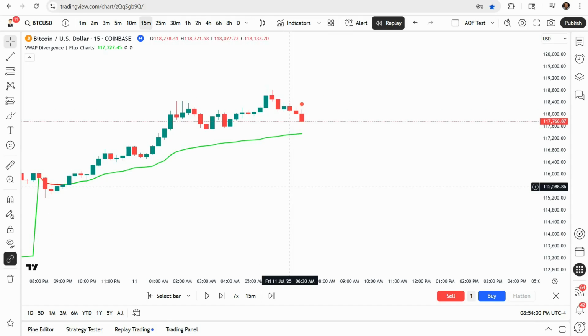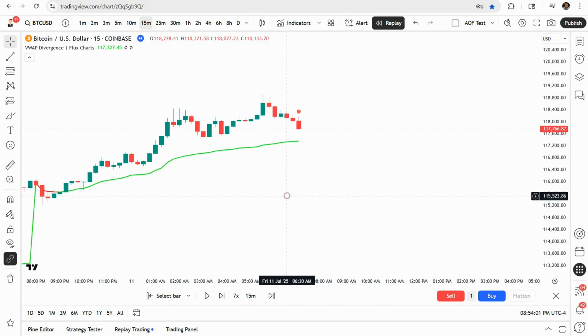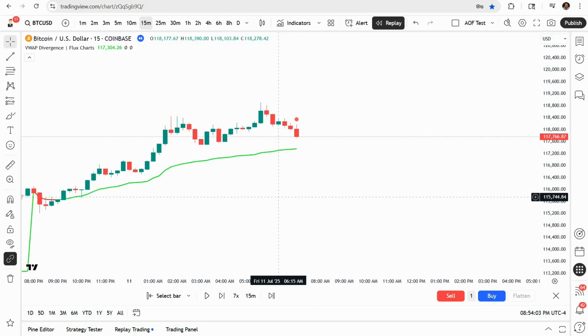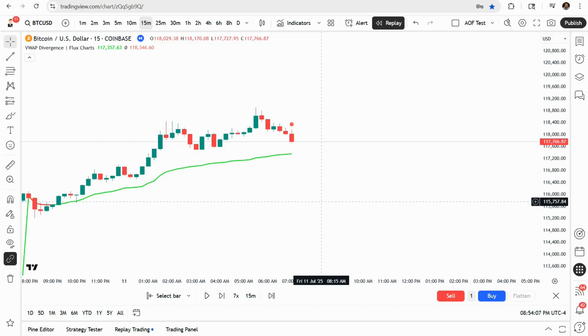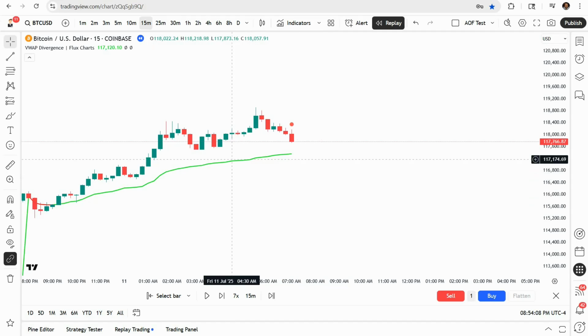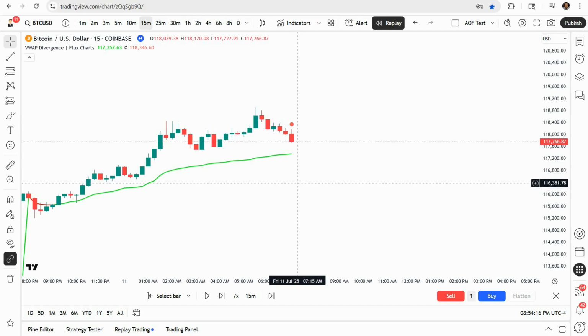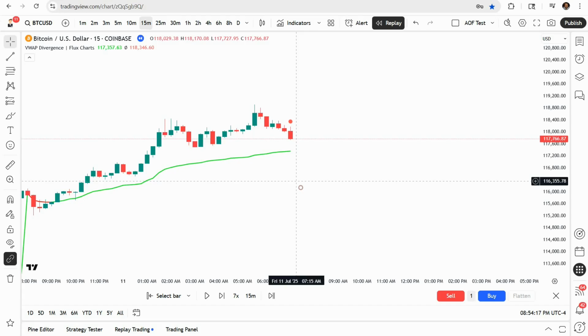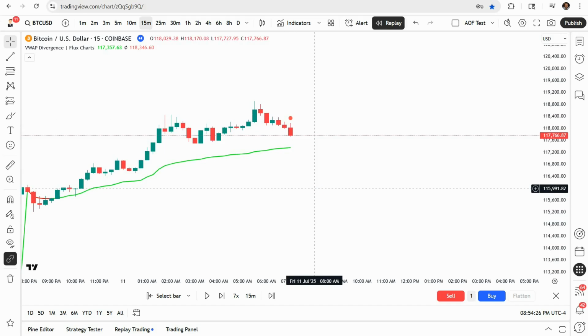And then what the indicator looks for is a divergence between the VWAP and price. I believe as they explained it, when the VWAP is sloping up and price is sloping down for a certain period of time, that is what they consider a divergence. And then it'll give you a dot like this here. That will be your reversal signal.